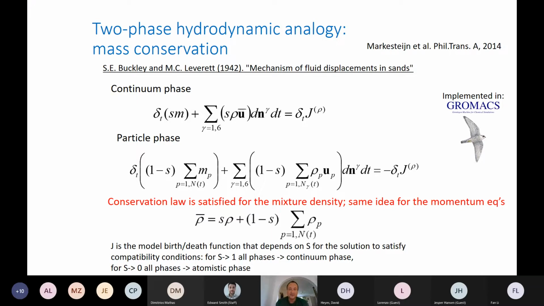The same will actually happen when you write the same equation for the momentum. So hence this approach of explicitly introducing the two phases which represent the same liquid allows you to exactly preserve the conservation of mass and momentum.